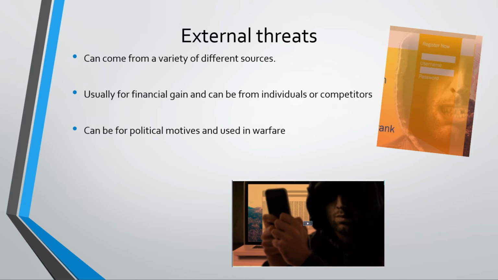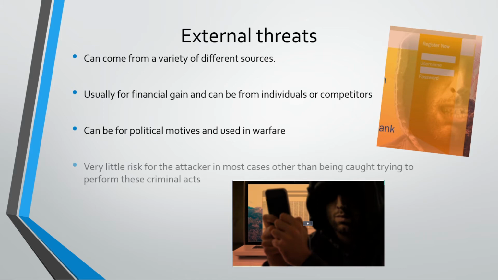They can be held accountable for it. So usually countries will get attacked, they'll know where it's coming from, but the country will just deny that they're doing it and say, oh, it's just a lone attacker or something like that. But they will try and attack each other for that reason.